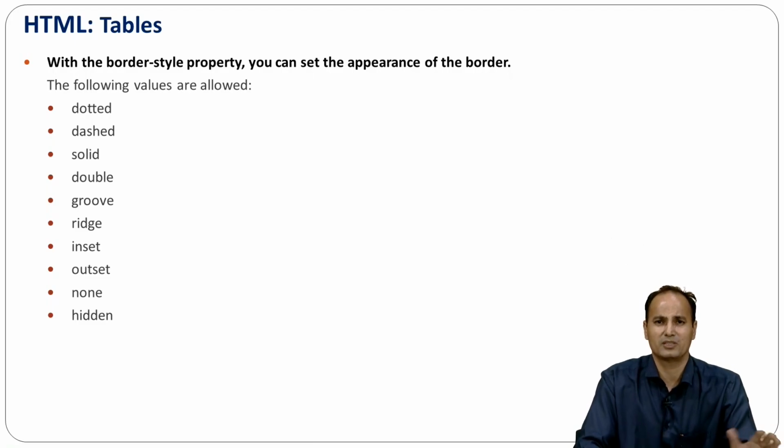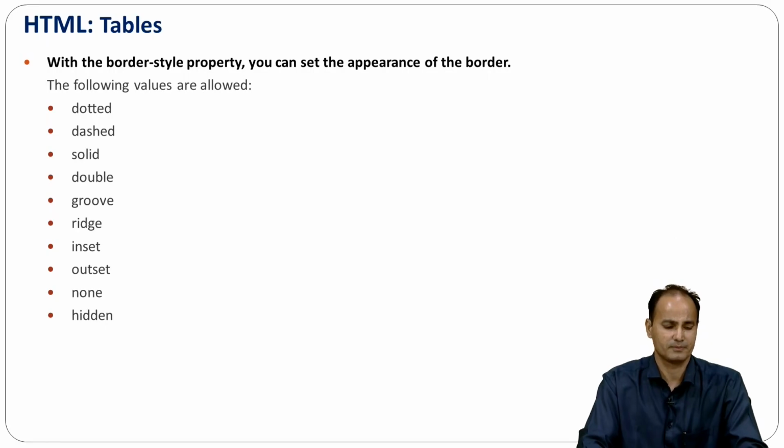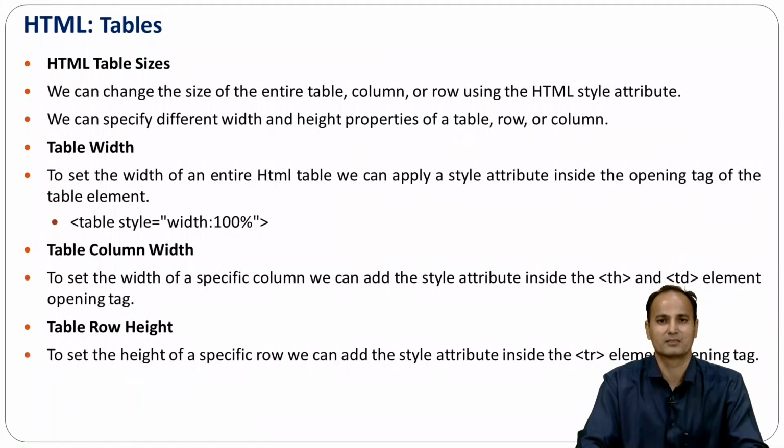So try to check it in an alternate browser. It may be possible that in one browser it will be visible, in another it may not be. So depending on the browser, the properties will be applied. These are various border style properties that we can apply on our HTML tables.